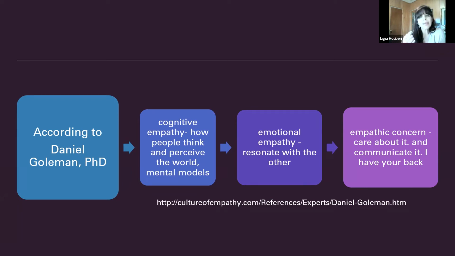And then he says that empathy is one of those elements that have to do with emotional intelligence. And he says that we actually have different types of empathy. One would be cognitive empathy.